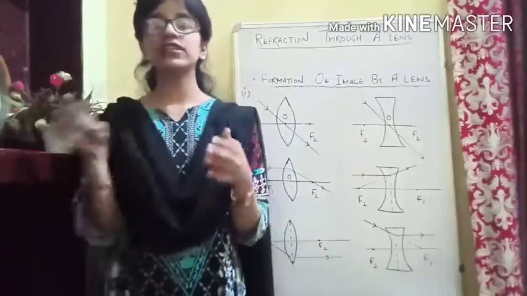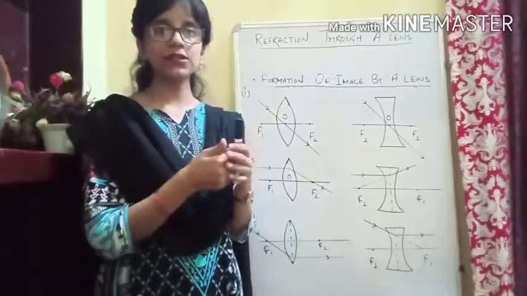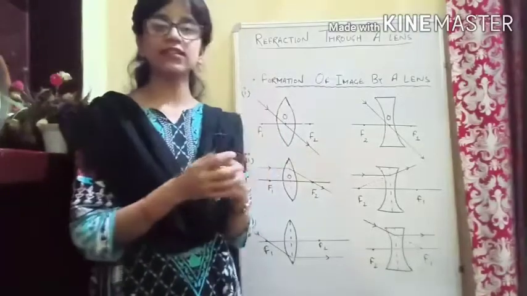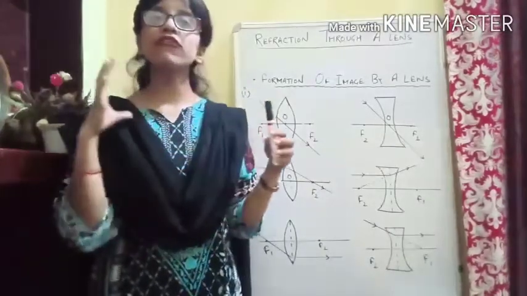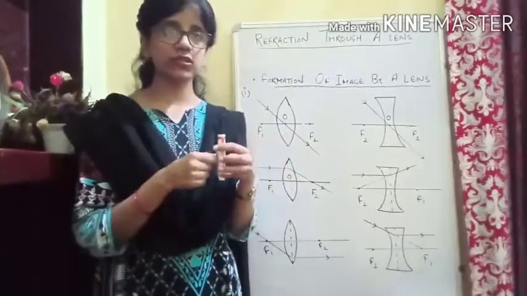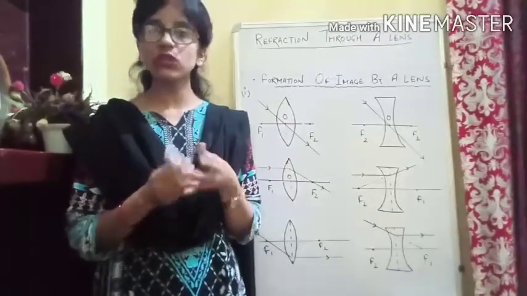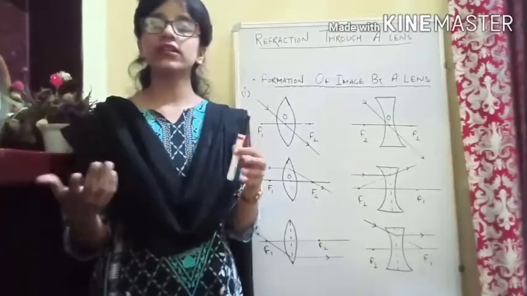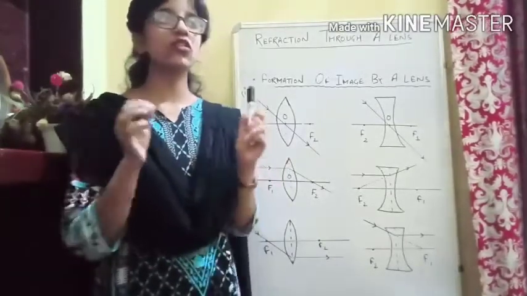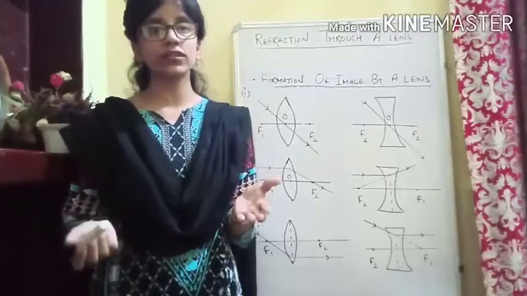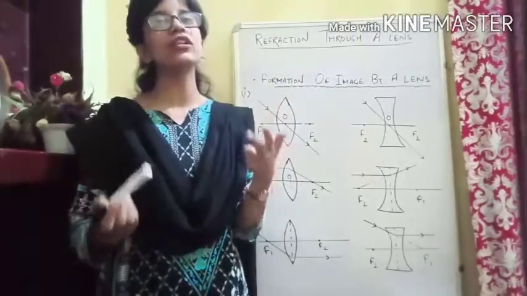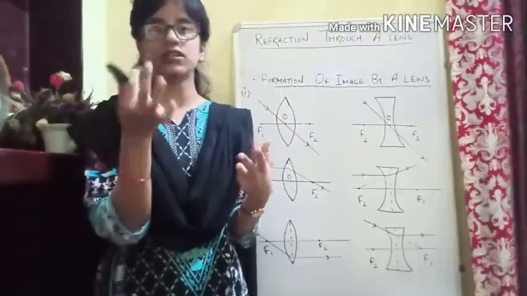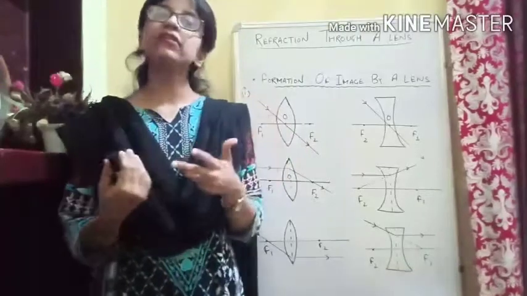If you are taking an object and you want to see the image of this object through any lens, you know that there are infinitely many light rays coming out from this object. So it is not possible for us to consider all the rays coming out from an object. So it is always convenient to draw the ray diagram by taking only two rays coming out from an object.